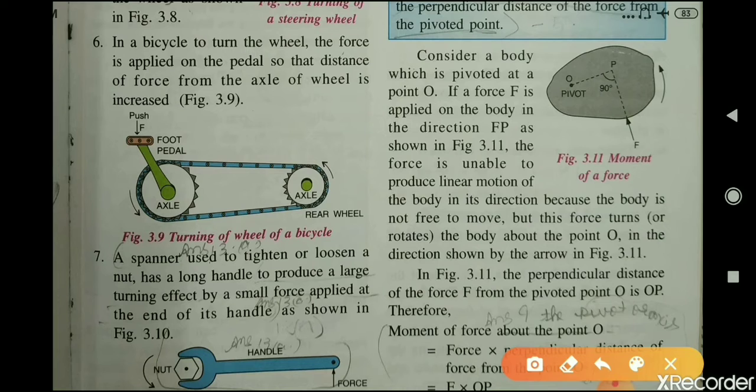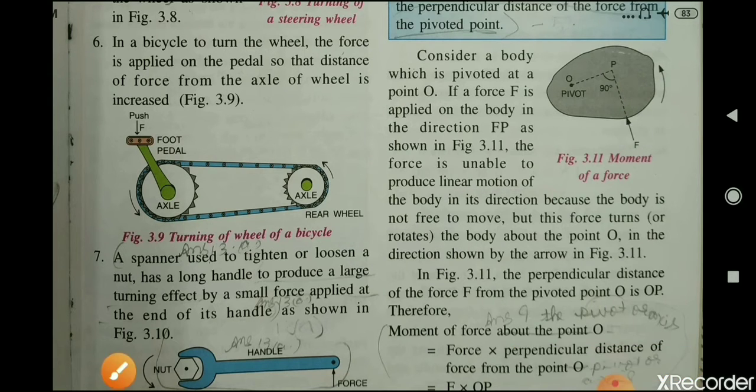Means if we apply the force on this body in the direction FP, then what will happen? This body will not move linearly. Linearly means straight. So if we apply the force on this body in the direction FP, this body will not move in linear motion. Why will it not move?